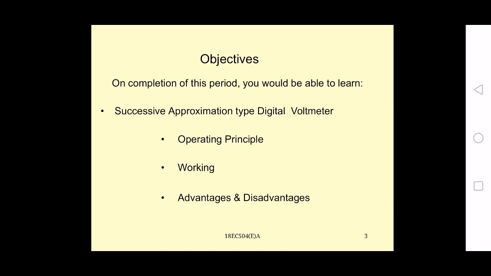So what we are doing, we are simply taking the weight of the object, and the object is placed on one side of the balance and an approximate weight is placed on the other side.